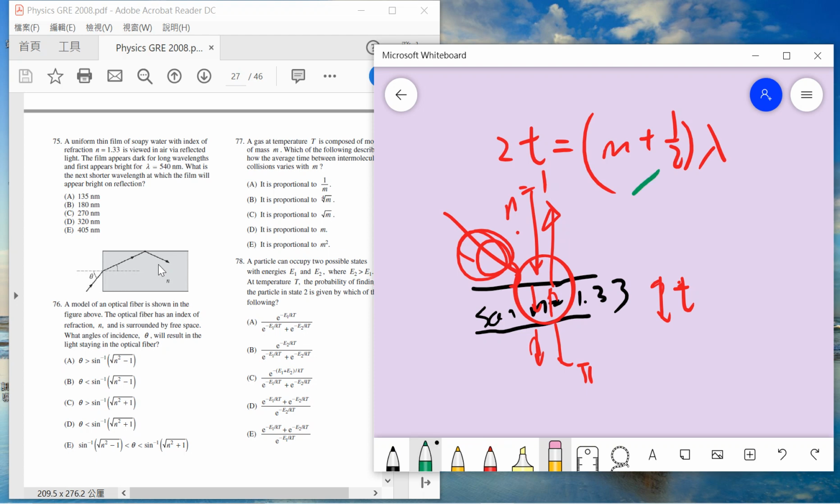So this half comes from the phase shift of 180 from this wave, because it goes from n equals 1 to 1.33, so there will be a phase difference here. Okay, so we can solve this.